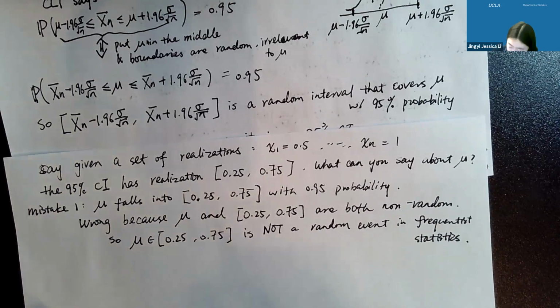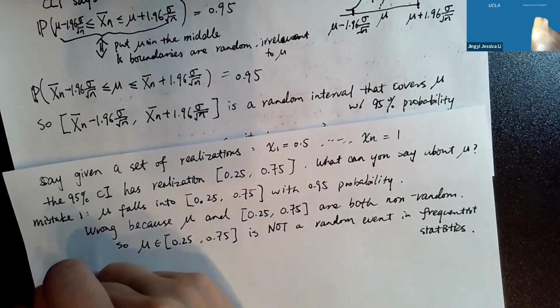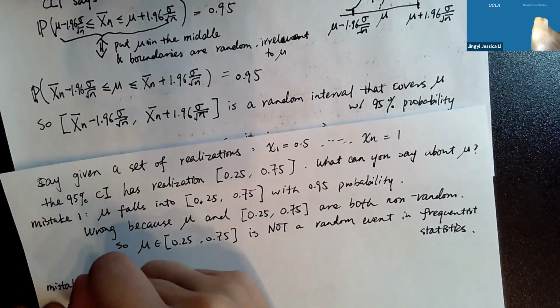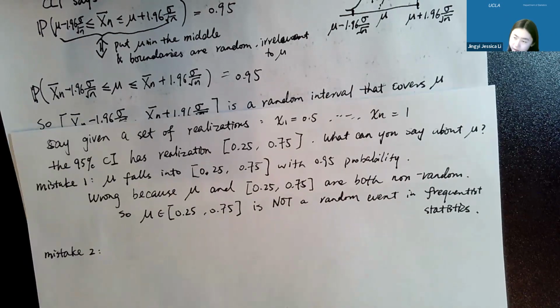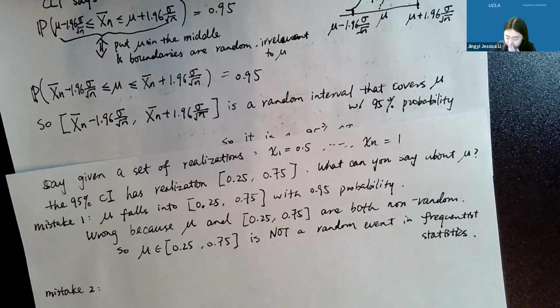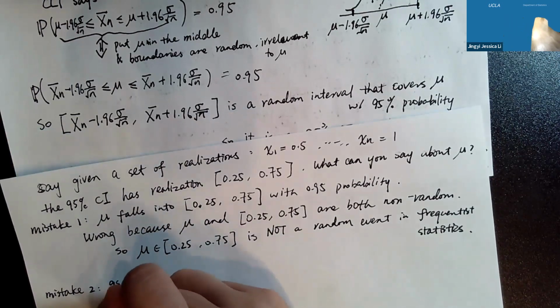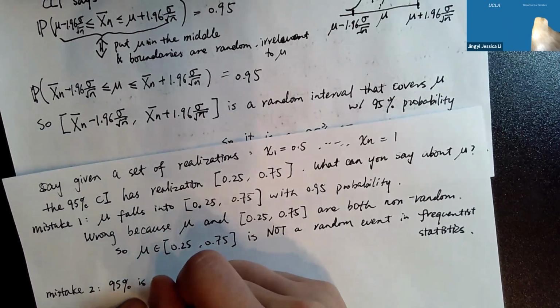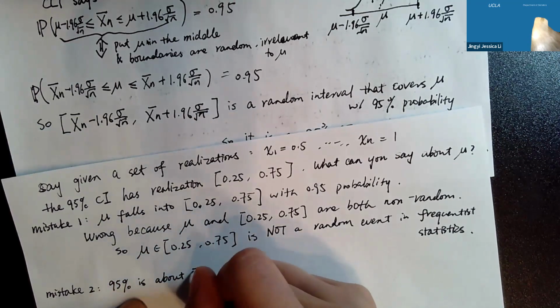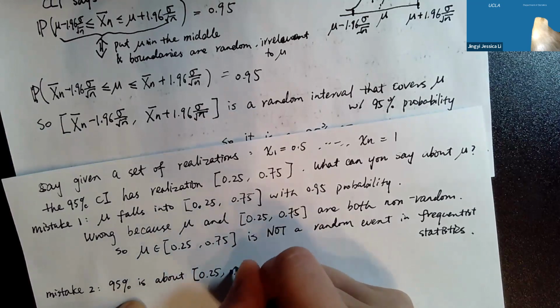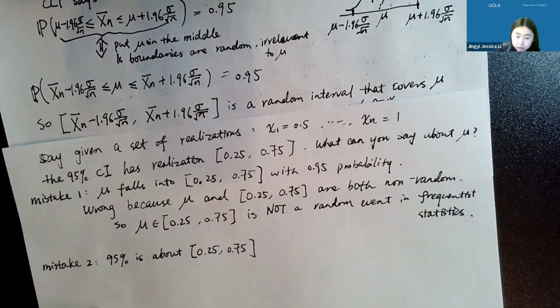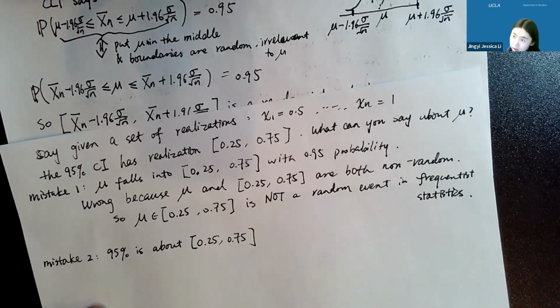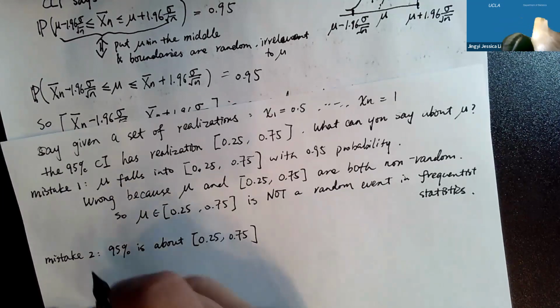And the second common mistake, I would say, is similar to the first mistake, but said in a different way. The second mistake is thinking that 95% is about this particular realization. Actually, it's not. It's about that random interval.